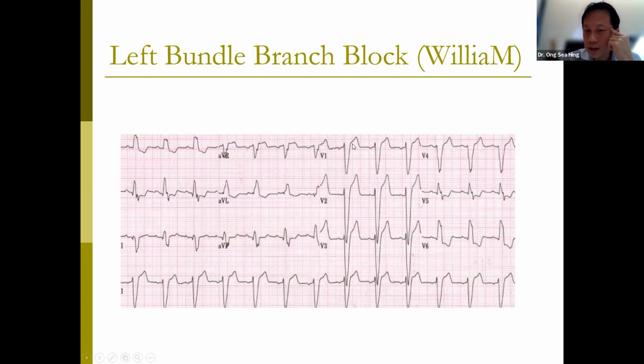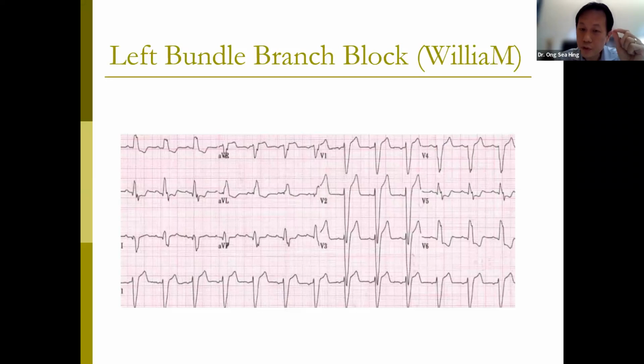Well, it's not exactly a W, but it's more of a downward S wave. So a W pattern in V1 and an M pattern in V6, like an RSR pattern in V6. So this is a left bundle branch block pattern, and it's important to recognize this pattern because you use this to localize where the electricity is coming from.